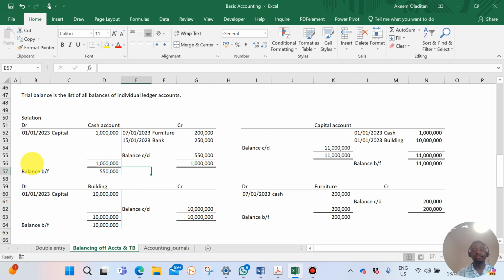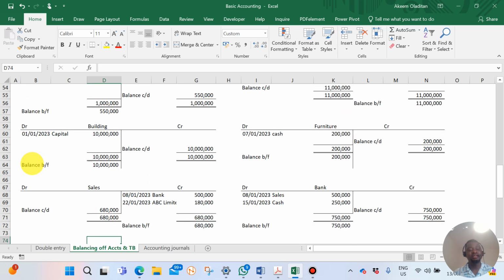Don't forget the rule of double entry: a cash account is an asset account, so it will always have a debit balance. If a cash account is having a credit balance, then it means it's overdrawn. So we need to be careful of that. Always ensure that you balance off rightly, and once you make a mistake, you start seeing it. Like the cash account, it has a balance brought forward on the debit side. So that is what is important to us.